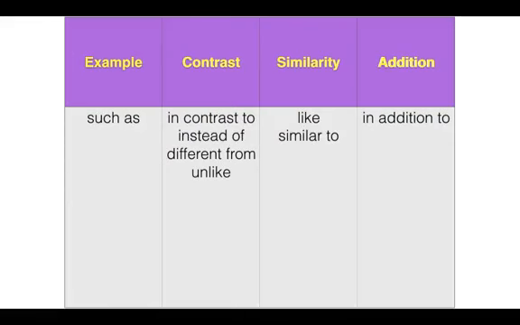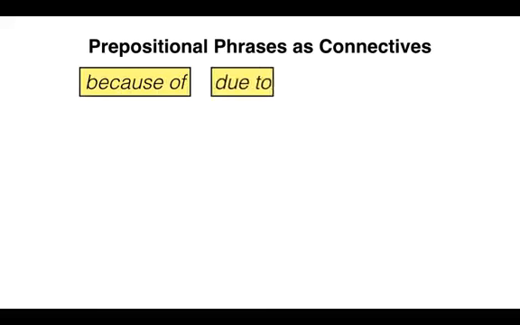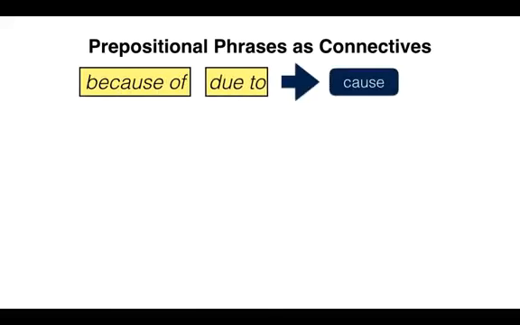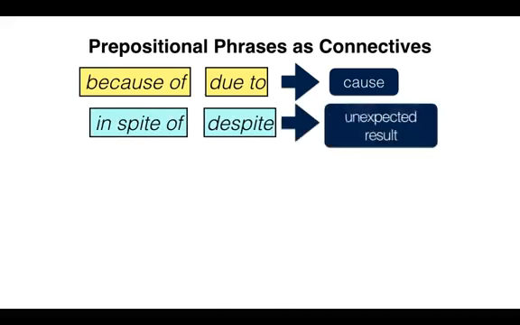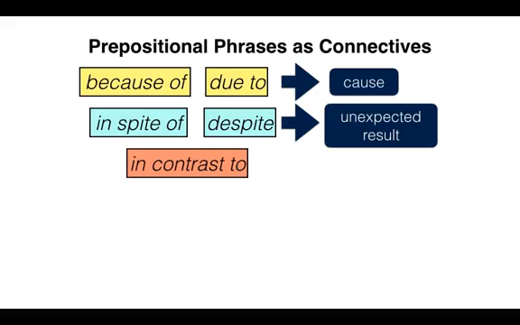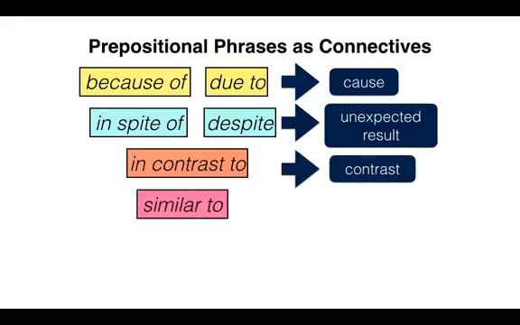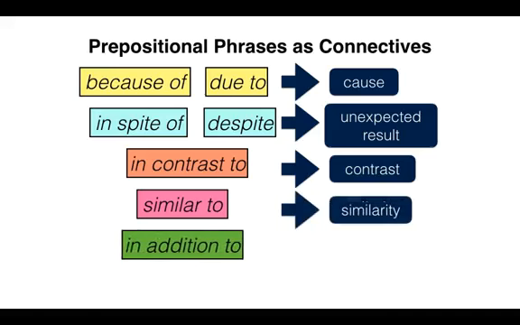Although there are many, in this lesson, we will focus on because of and due to show cause, in spite of and despite to show an unexpected result, in contrast to show contrast or difference, similar to show a similarity, and in addition to show addition.